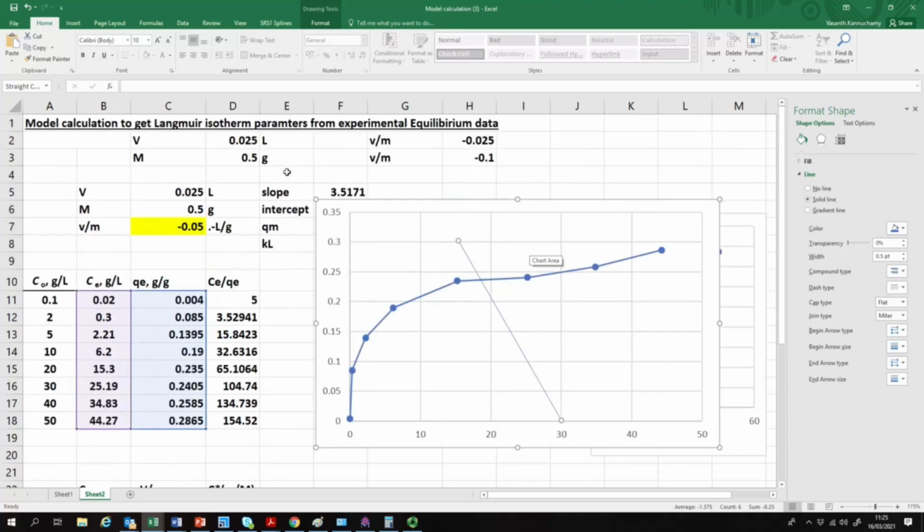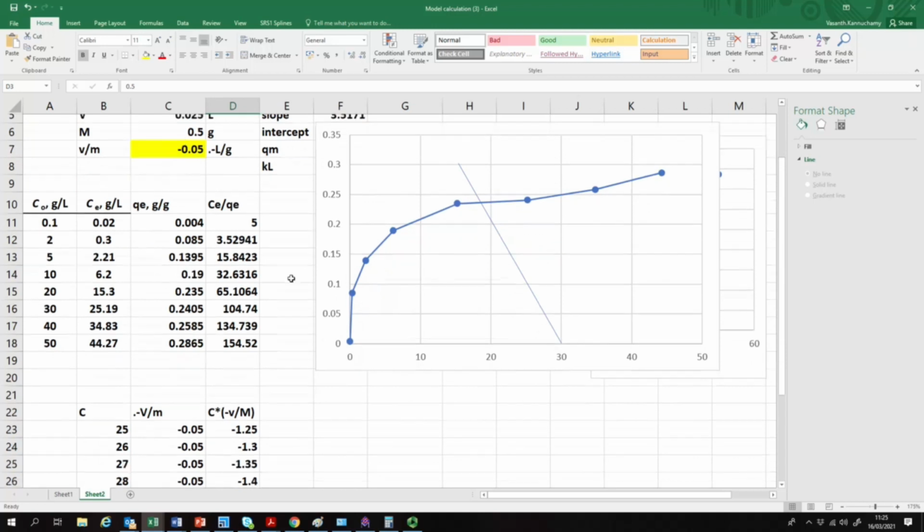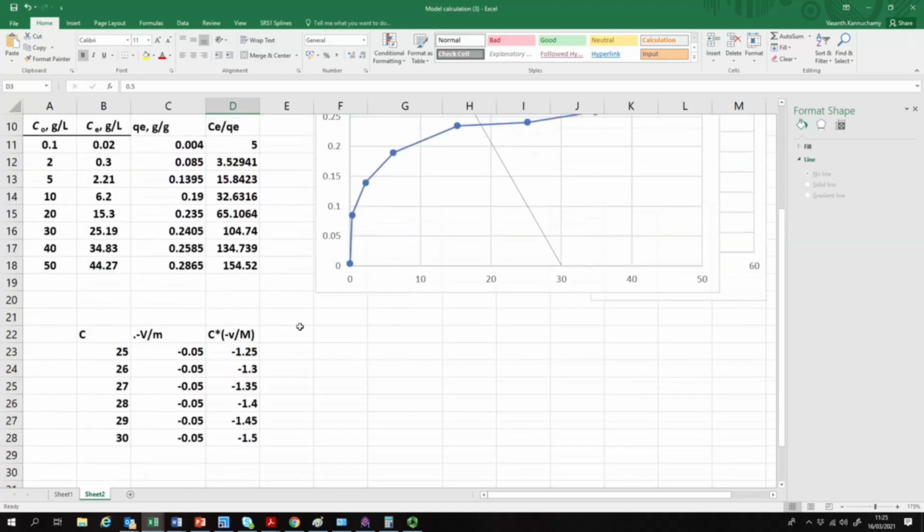Our experimental condition states 0.025 liters and 0.5 grams. So this slope should be equal to minus this ratio of volume to mass. At 30 we have minus 1.5, so we have to make this value 0 at 30. That will give something like 30, 0.